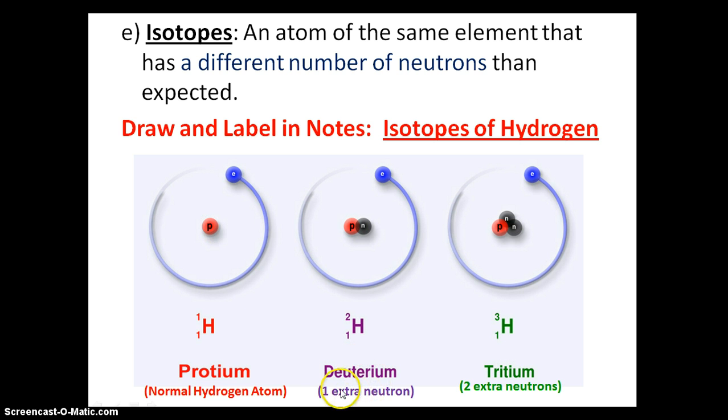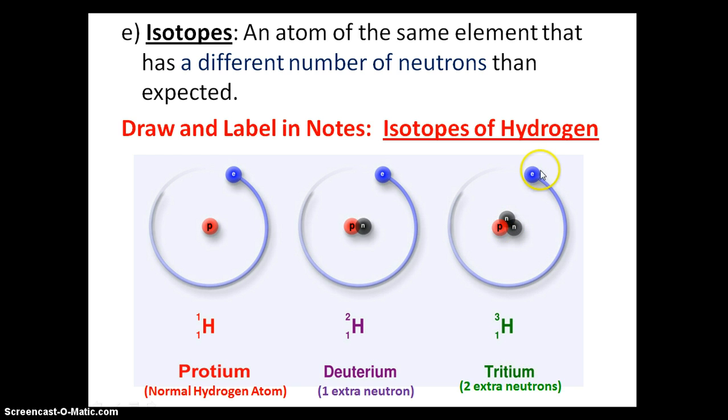Deuterium has one extra neutron. So if you look here, there's one proton, one electron, one positive, one negative, they're balanced, but then you have an extra neutron. So it makes it a little heavier because now there's two big things in the middle. And tritium has two extra neutrons.